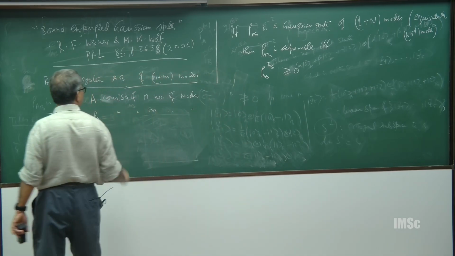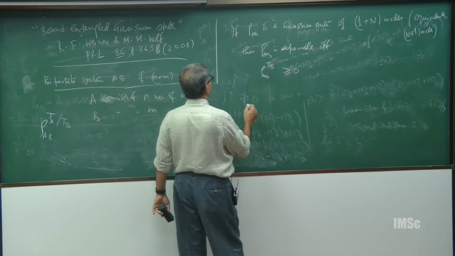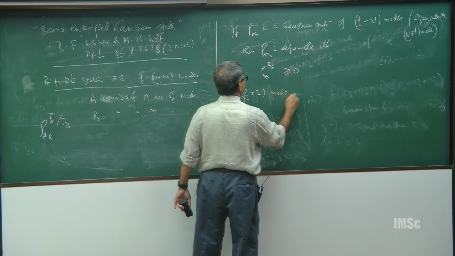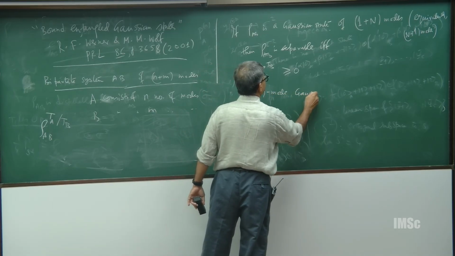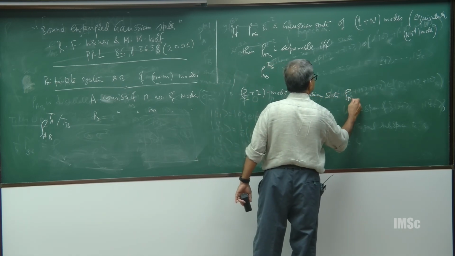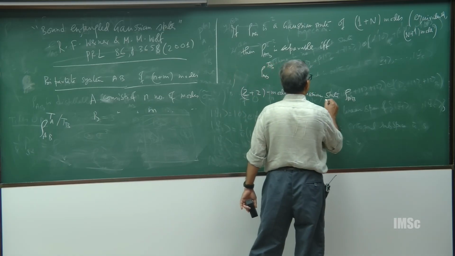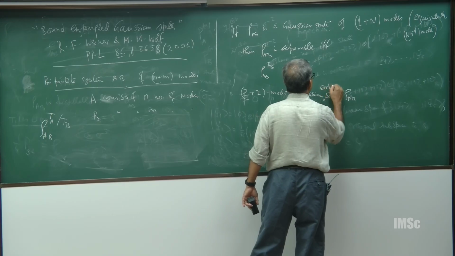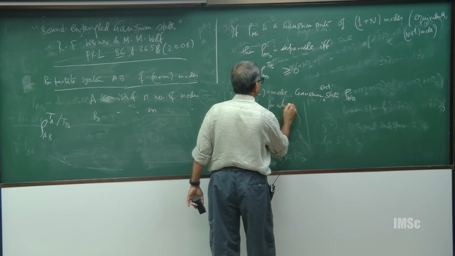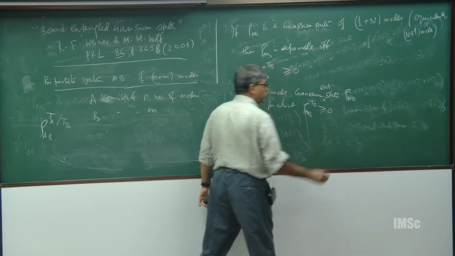So, this is their first result, and then they provided a 2 plus 2 mode Gaussian entangled state for which rho_AB^{T_B} is greater than or equal to 0.